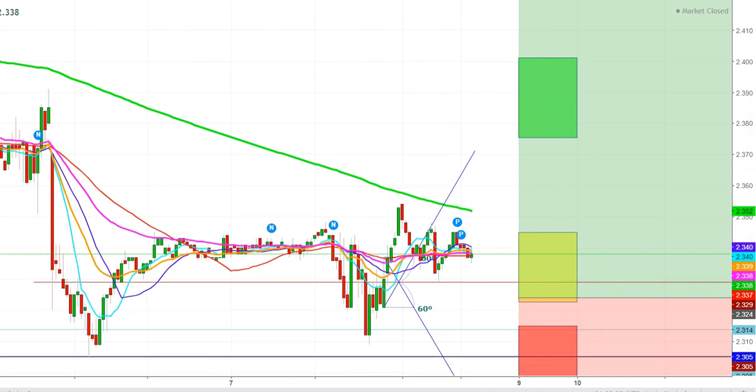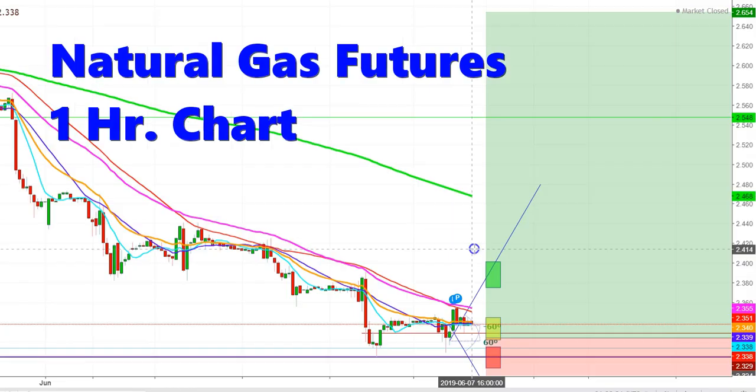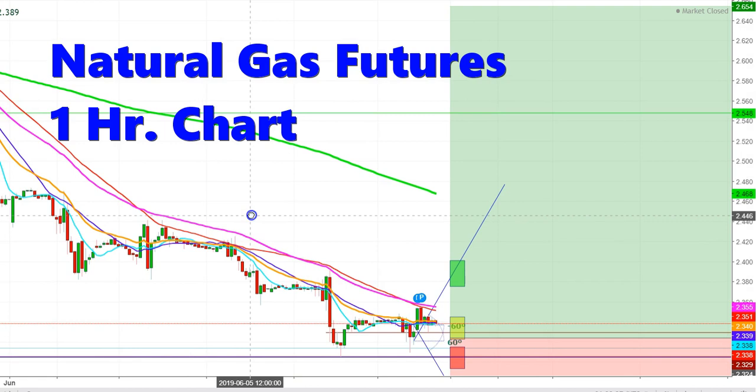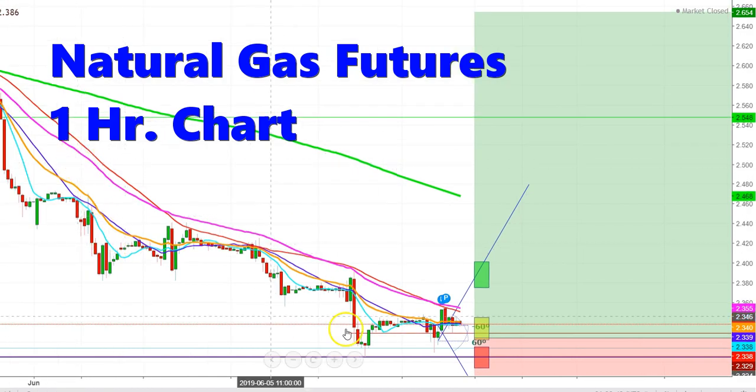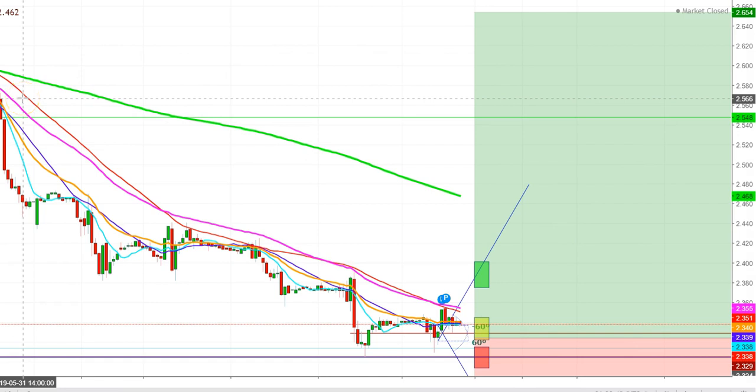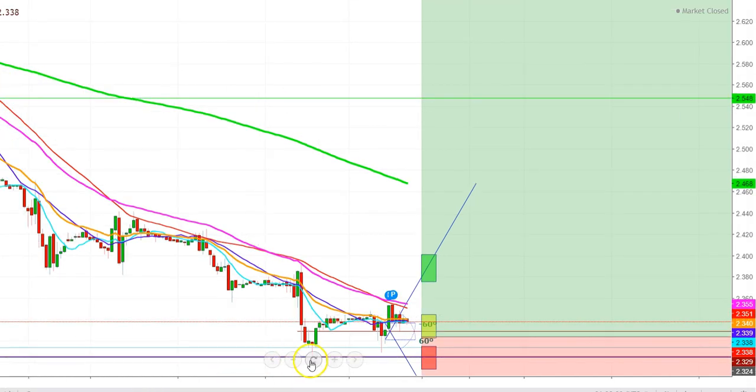Let us see this chart in an hourly time frame. In the hourly time frame, I find that natural gas futures may see a U-shaped recovery during the upcoming week, and no doubt that shortly natural gas futures will touch the level of $2.588 during the upcoming week, because finally natural gas futures have found their bottom here at the level of $2.306.